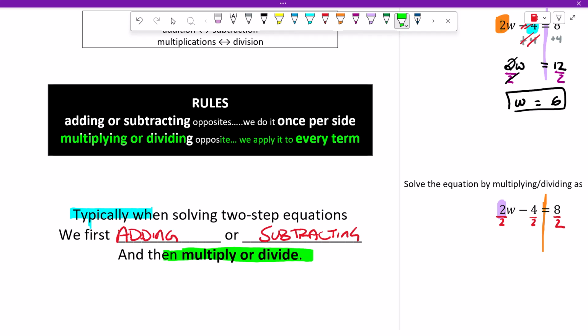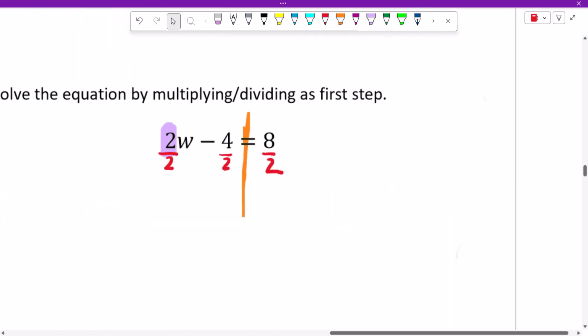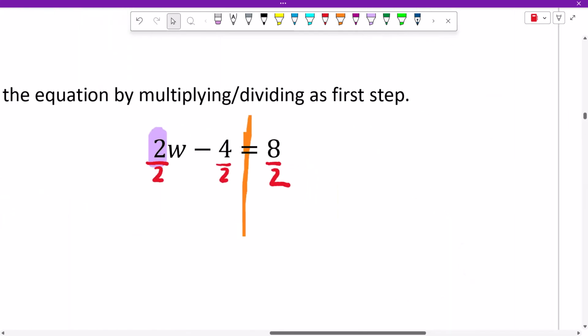Adding and subtracting is still the same as what you learned in grade 8 and in the first chapter: add and subtract once per side. With multiplying and dividing, the hard part is you have to do it to everything. If I cut this side down by half, I need to cut this side down by half. Everything cut down by half. That keeps everything in balance, okay?